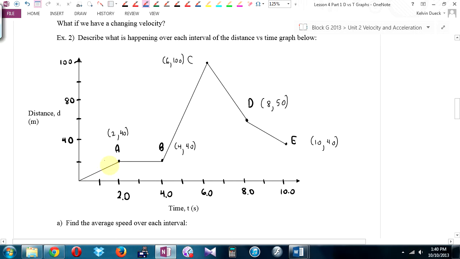How will I write this here? Let's go section A, section B, C, D, E. In section A, what does that mean if the distance is increasing over time?